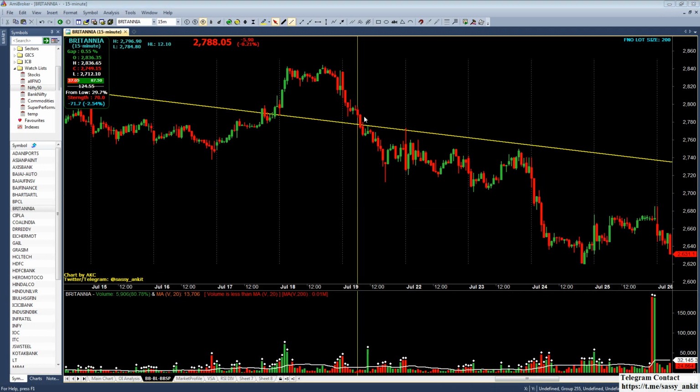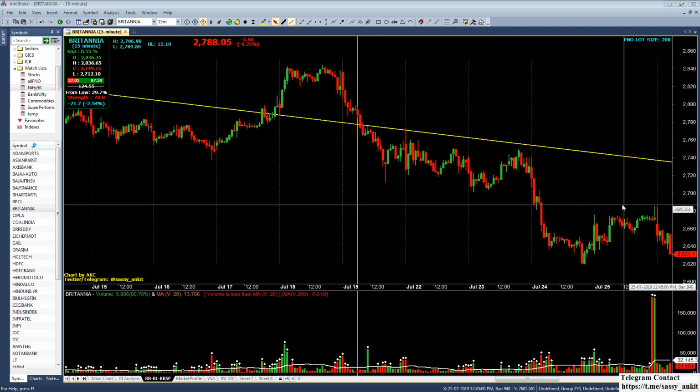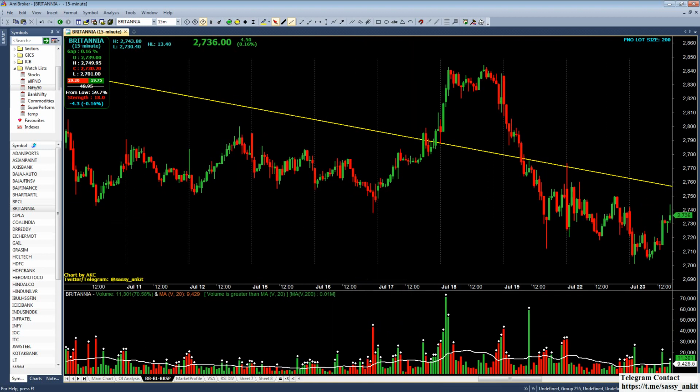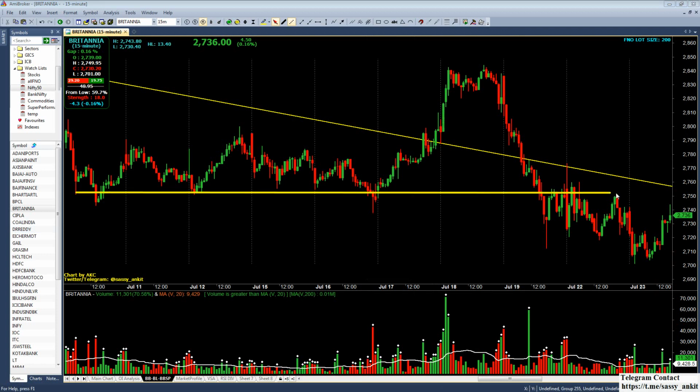Now when price is coming down, my price is still holding the lows of this particular point. This was the lows which price was unable to break, and after that price is taking resistance at this particular line. So this line will become your SNR.